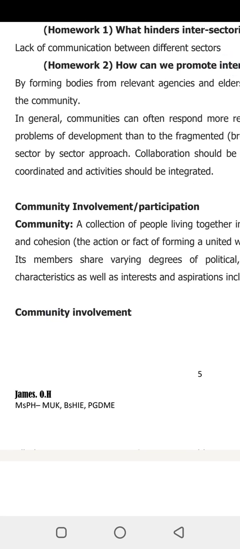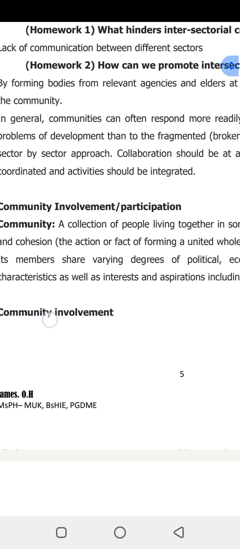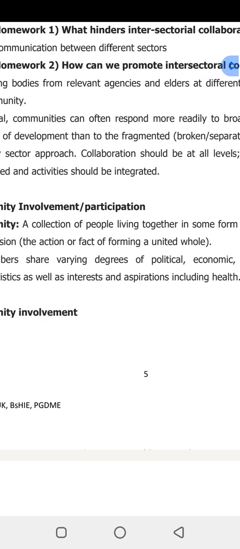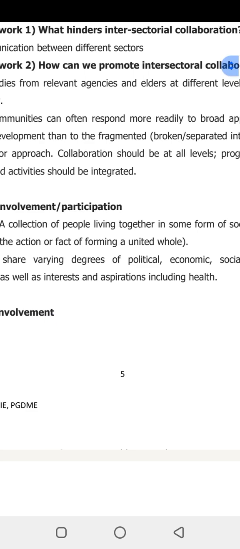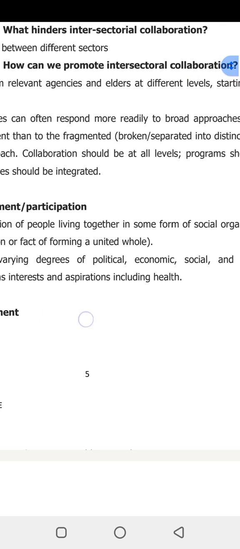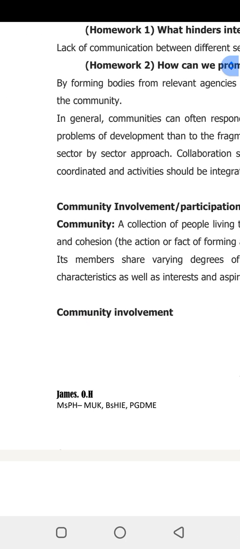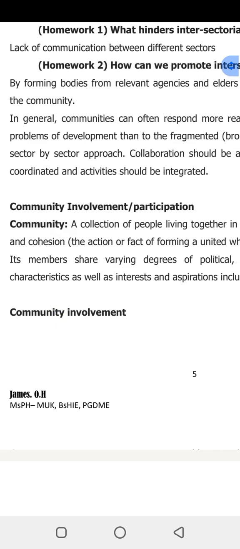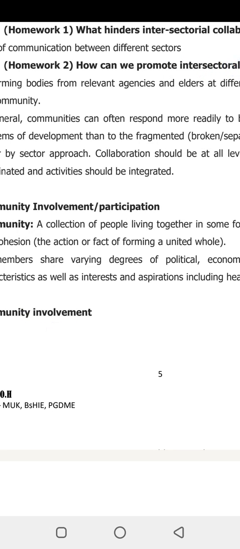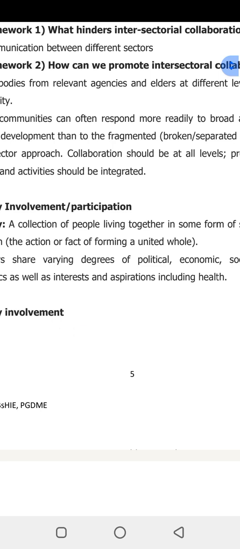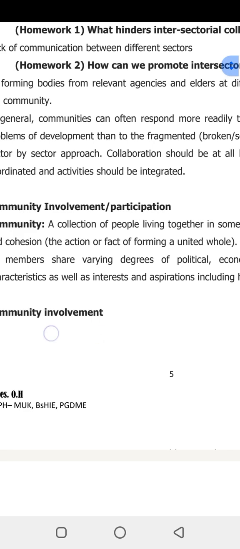So let's stop. Its members share varying degrees of political, economic, social, and cultural characteristics, as well as interests and aspirations, including health.